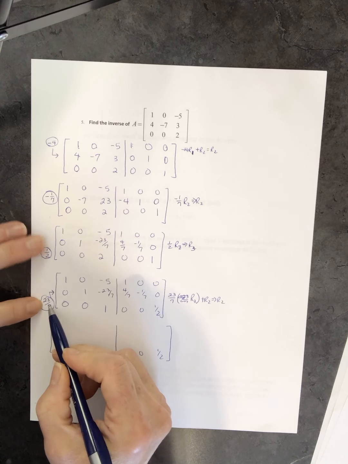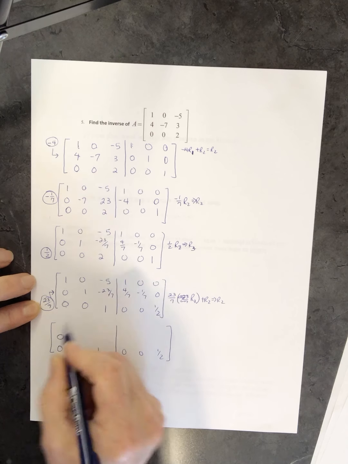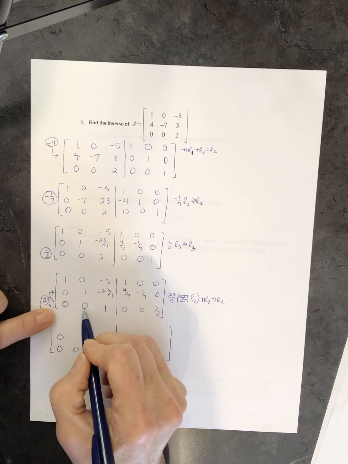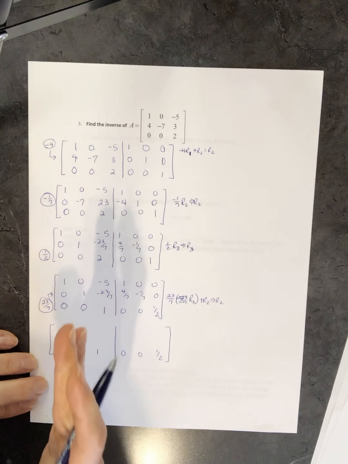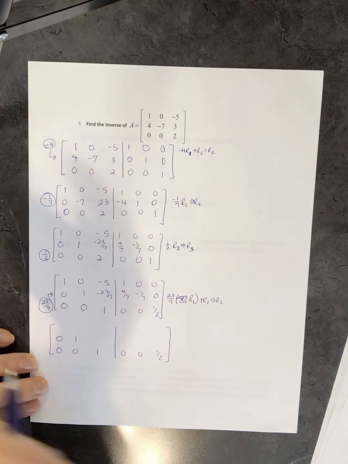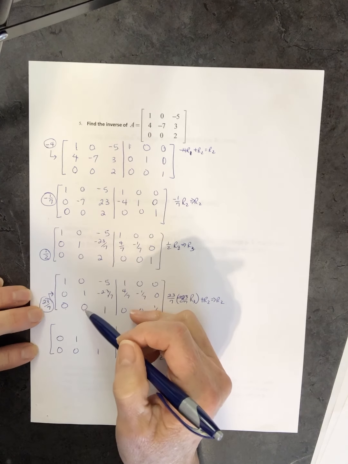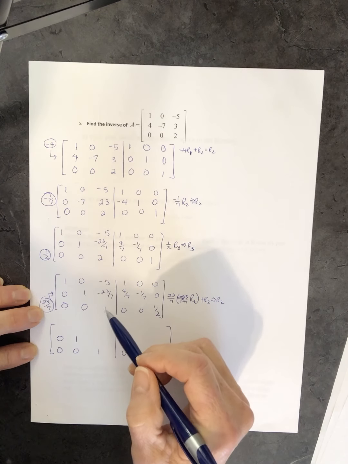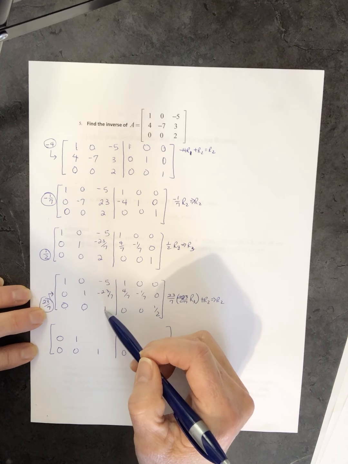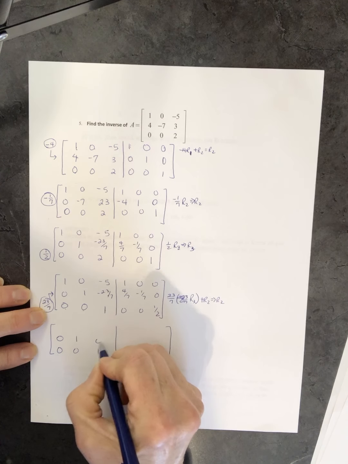So 23/7 times 0 is 0, plus 0 is still 0. This is 0 plus 1 is 1. So notice I'm not changing anything to the left of column 3, which is really a good thing if you do the correct order. And then this is 0. Wait a minute. 23/7 times 1 is 23/7. Minus 23/7 is 0.